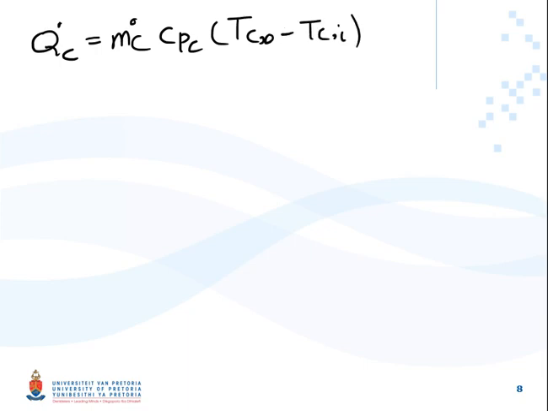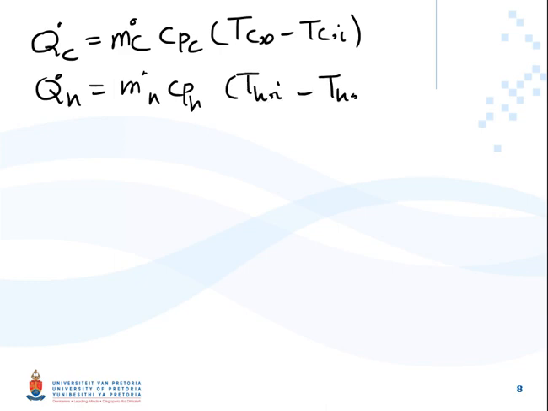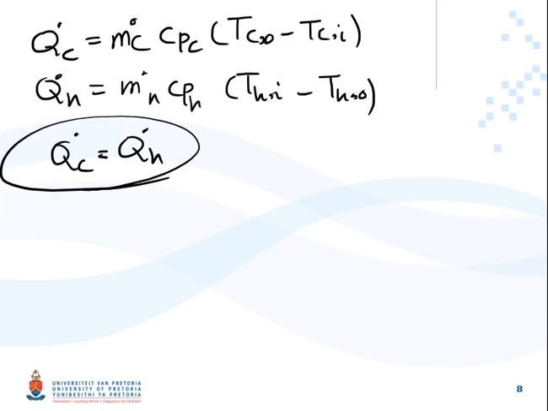So if you remember, Q dot C is M dot C, CP C, T C outlet minus T C inlet. We also said that Q dot H is M dot H, CP H, T inlet hot minus outlet hot fluid. And these need to be equal because of the energy balance.